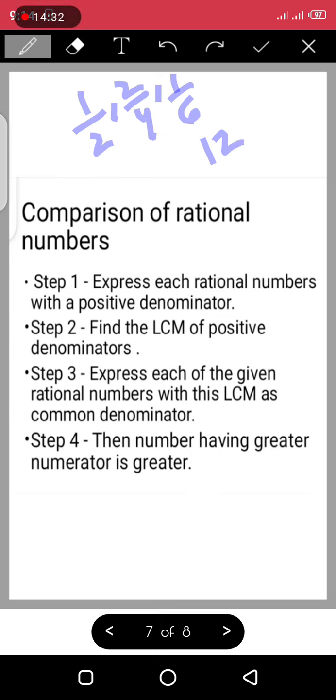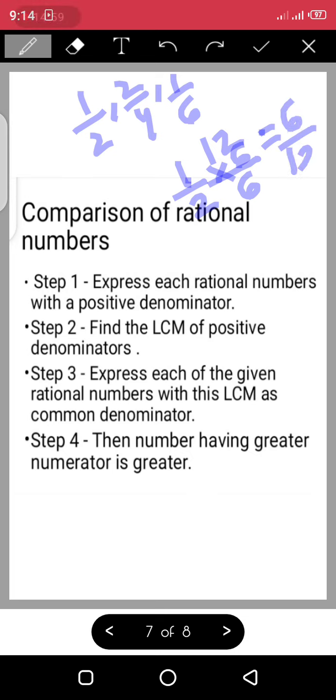So now we have to express each of the given rational numbers with this LCM as common denominator. So for expressing as common denominator, what will we do? 2 into 6, if we do that, it comes as 12. So both numerator and denominator will be multiplied by 6. Then 6 1s are 6, 6 2s are 12.